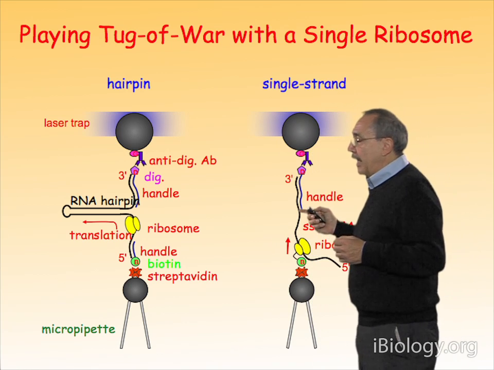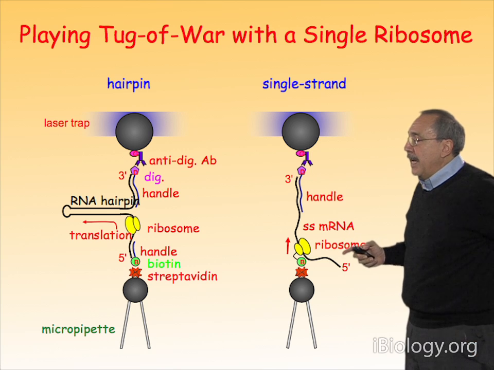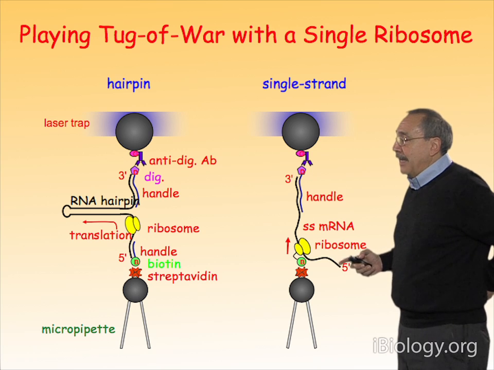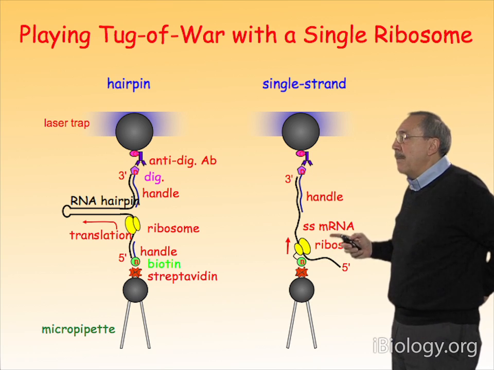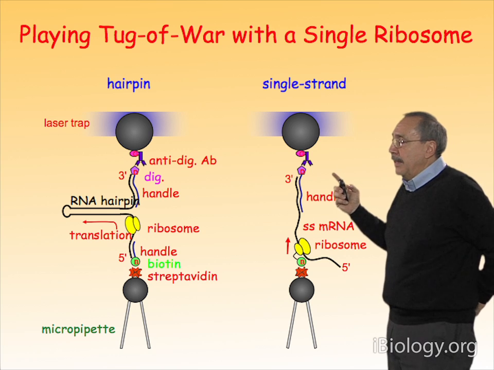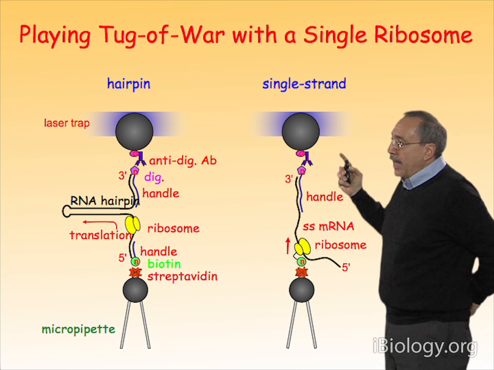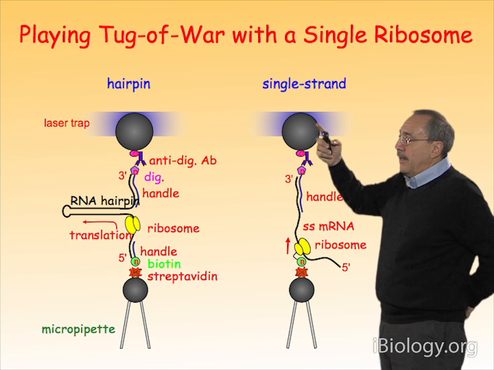So that is the geometry that I showed you here, where you can see that now we grab the ribosome itself via a biotin at the position in one of the proteins in the small subunit, and which is attached to streptavidin, which is attached to a bead in the pipette. And then the ribosome is attached to an mRNA that it is going to translate, and this mRNA is itself attached to a piece of single-stranded DNA, to form a hybrid here that we can then connect via anti-digoxigenin to a bead that is in the optical trap.